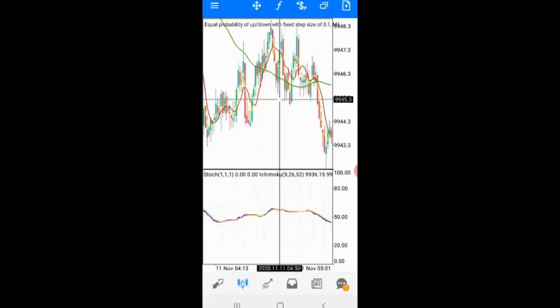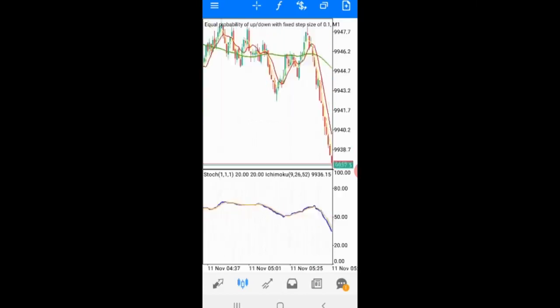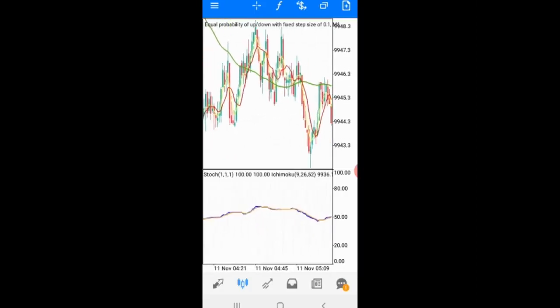So if you are using only this confirmation, you are confirming the trade with just this criteria, you will lose here. You just lost your money from here because you think it's a buy. But see, it says it's a sell. So you should make sure it is at the oversold level before you buy, not at the overbought level.